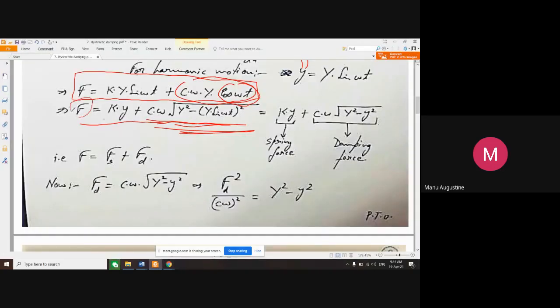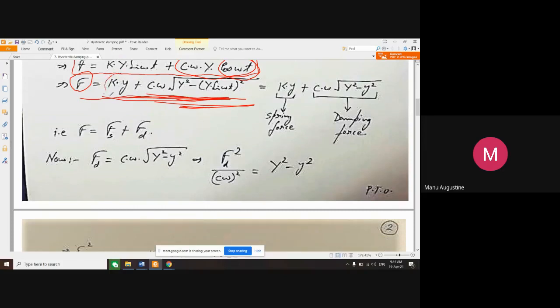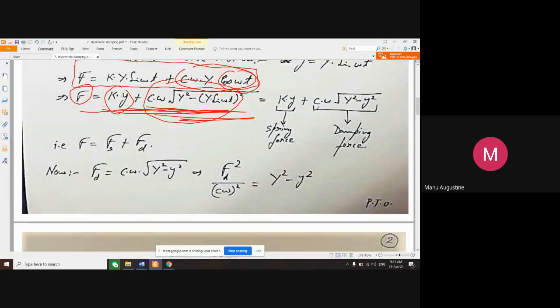So your force acting in the case of a viscous damped system is equal to this expression. Now there are two terms, the ky term and this term containing the radical part. You can say that this is the spring force and this is the damping force.